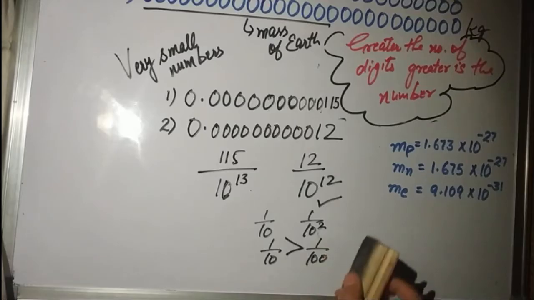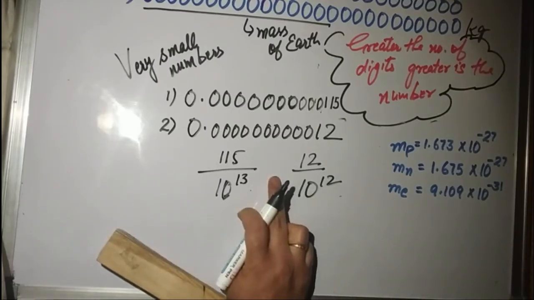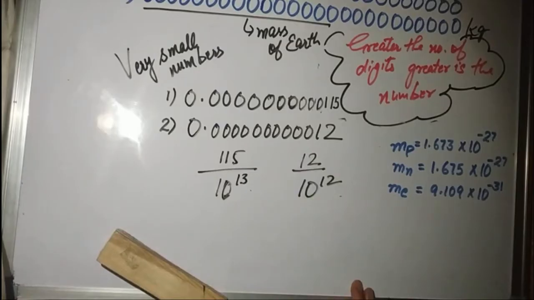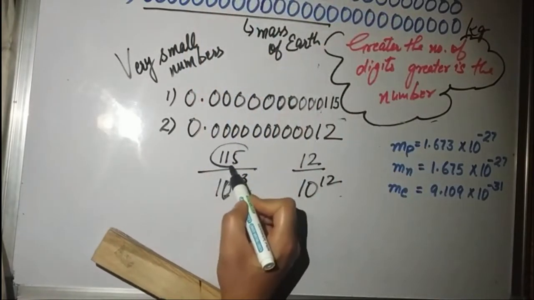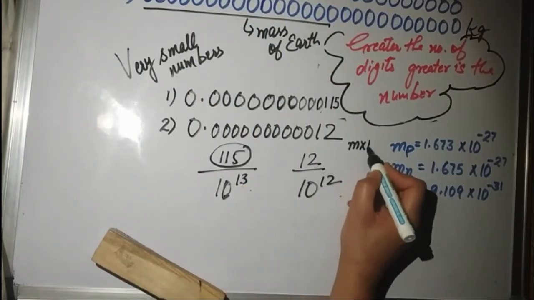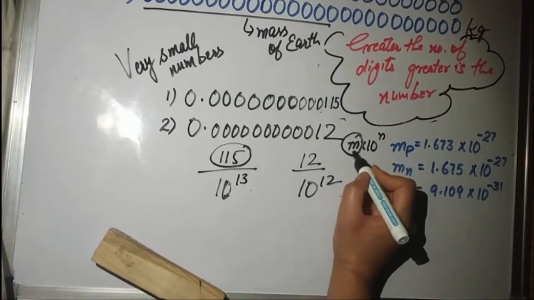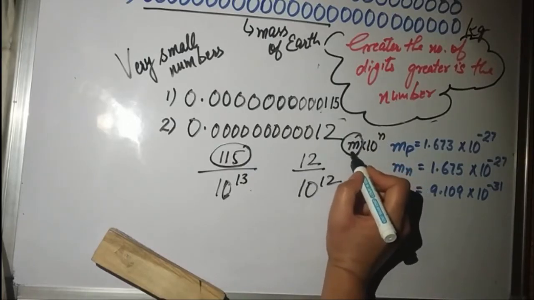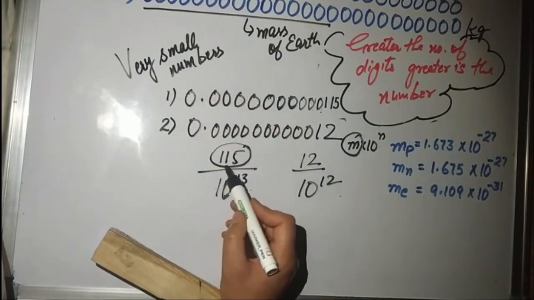So here also the same is the difference between these two numbers. But still, as with large numbers, we used to convert them into a format where the leading part was kept as a 1-digit number. Similarly, in very small numbers also, this is to be kept as a 1-digit number.